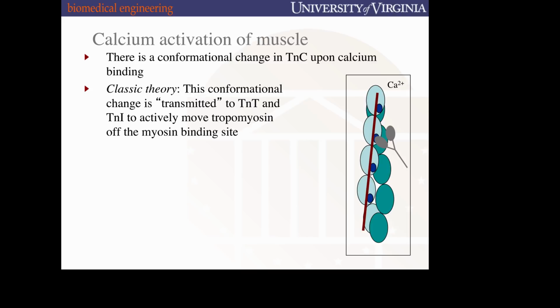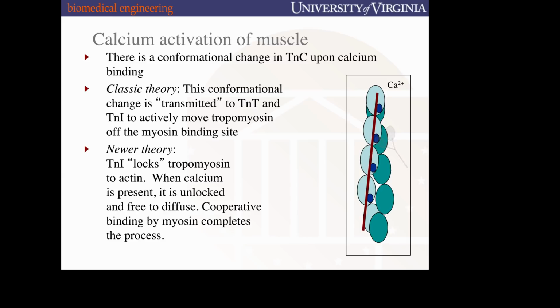There's a newer theory, which is in all likelihood more correct, which is that TNI locks the tropomyosin to actin, and when calcium is present, conformational change in TNC allows TNI to unlock tropomyosin, and now tropomyosin is free to diffuse. Now, it's not going to diffuse fully away from the filament. It's going to undergo these sort of Brownian fluctuations, right? So it's going to wobble and wiggle about.